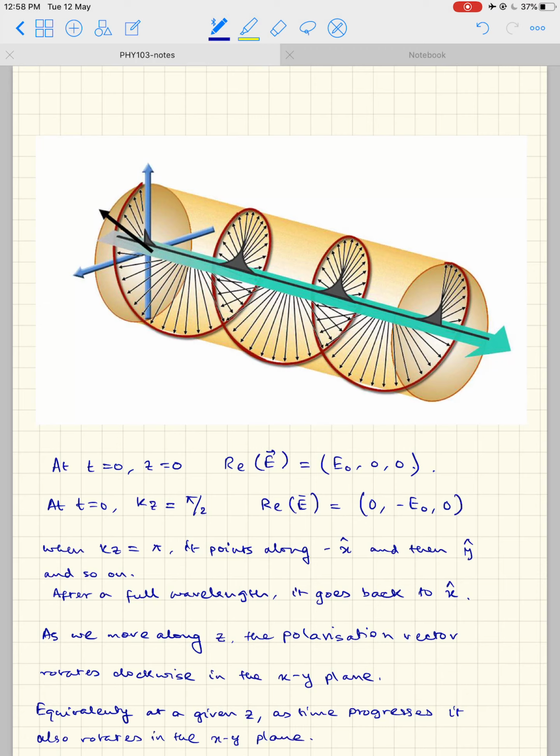So the picture above should actually make this clear, and yes, that's what we have.